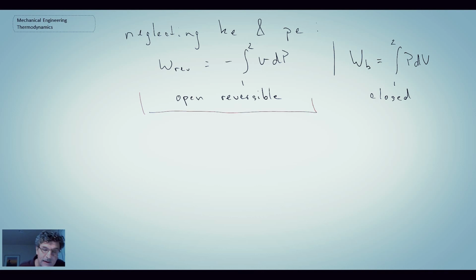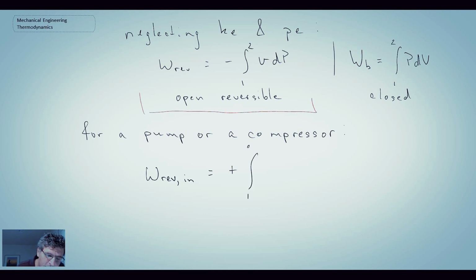If we're looking at a pump or a compressor, for example, these are devices whereby we are doing work on the system, and consequently by our definition of work, work would be negative. If we put in negative work, then we can write reversible work in is equal to plus the integral from 1 to 2 of specific volume dP.